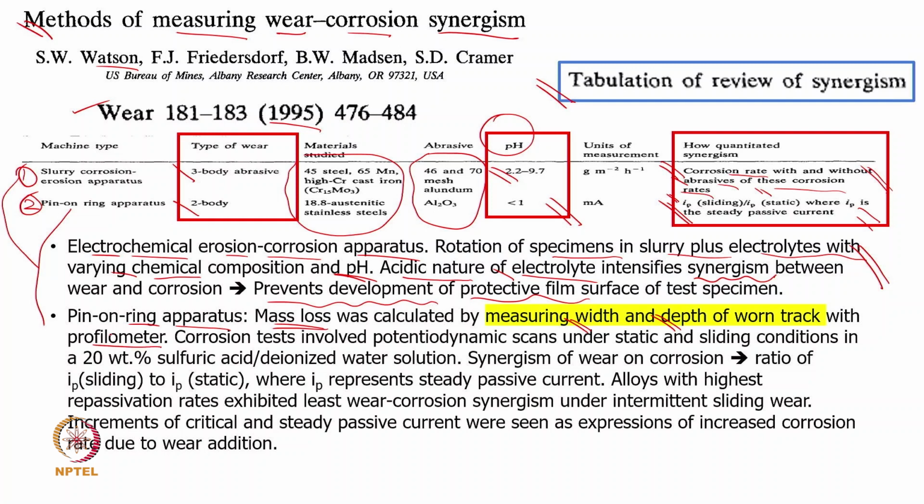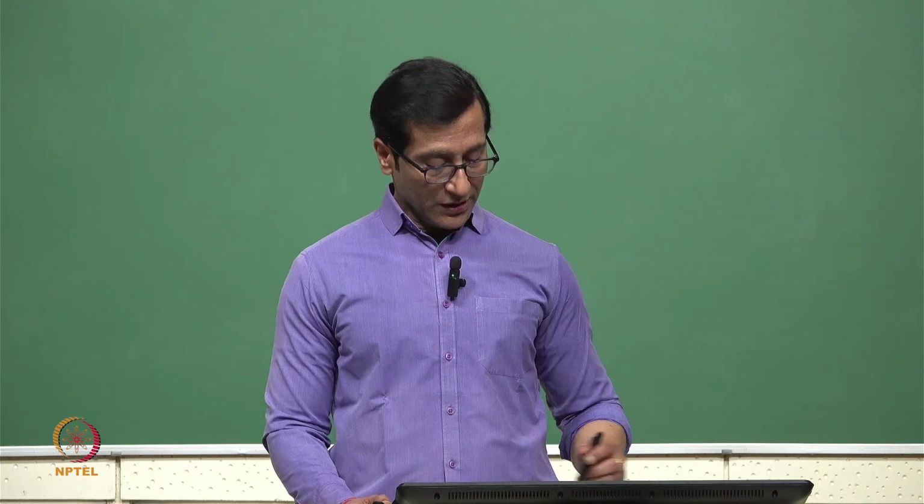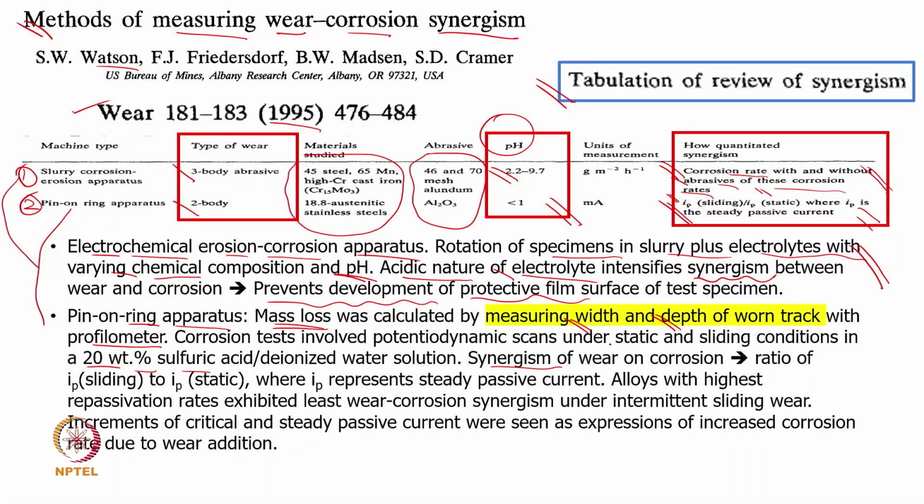Of course, in their testing, they tested in 20% sulfuric acid. So it is a kind of concentrated sulfuric solution electrolyte, and then they found a synergism between wear and corrosion. They calculated very clearly the passivation current, sliding compared to static, and found that if this current is increasing, that means the energy is increasing or the wear rate is increasing.